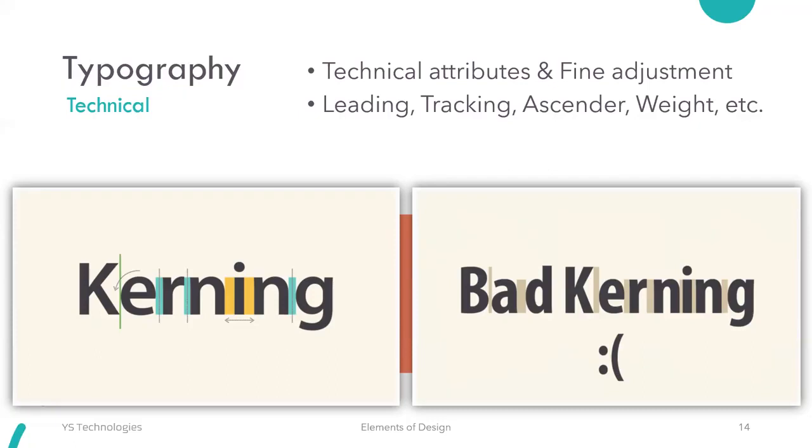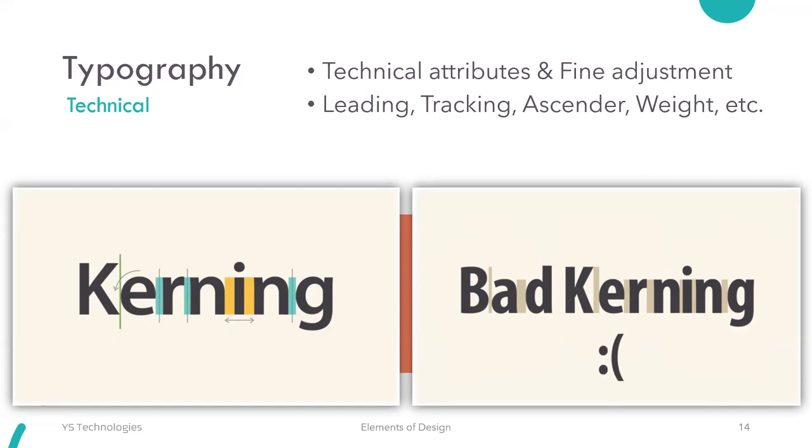They may also be familiar with line spacing and letter spacing. Now, sometimes we may have to fine-tune the text to get the desired effect. One of the adjustments is known as kerning.